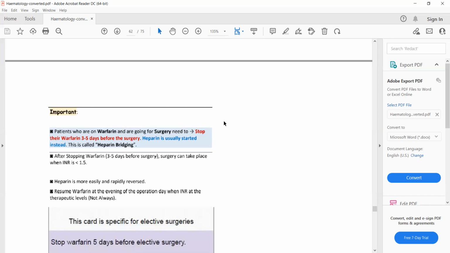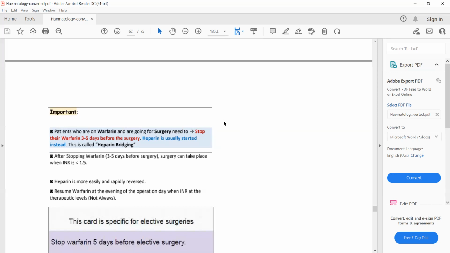Because the patient may still need anticoagulation, heparin is usually started instead, and this is called heparin bridging. Why is heparin started in place of warfarin? Because heparin is more easily and rapidly reversed.